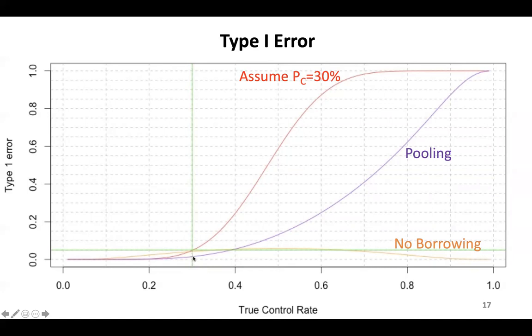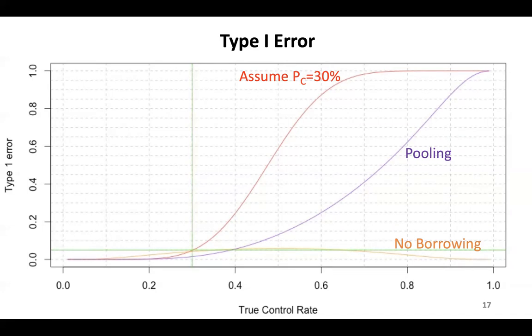Notice our type 1 error is actually decreased. We make better decisions by using that 3 out of 10 when 3 out of 10 is right. We're going to see this over and over throughout the slides, the ramification of using historical data. If the historical data you're using is right, it's great.